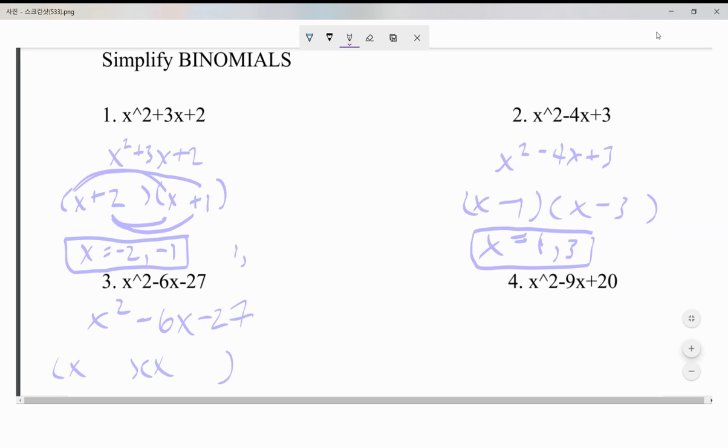Let's just state them out right here. 3, 9. Well, it's just those two. So, okay, plus 3 minus 9. Because x squared minus 9x plus 3x is 6x. And then negative 27. So x would equal negative 3 and 9.